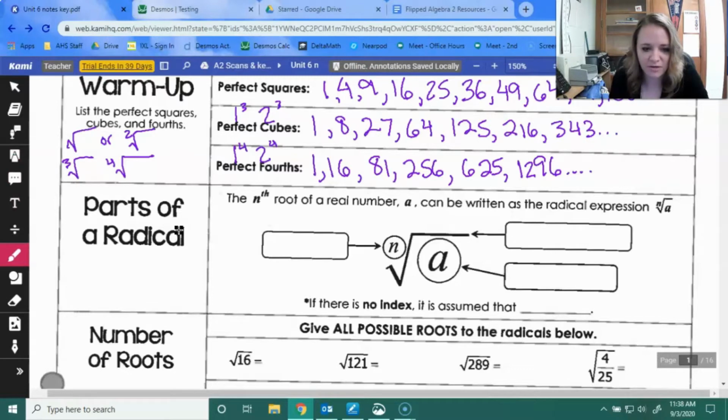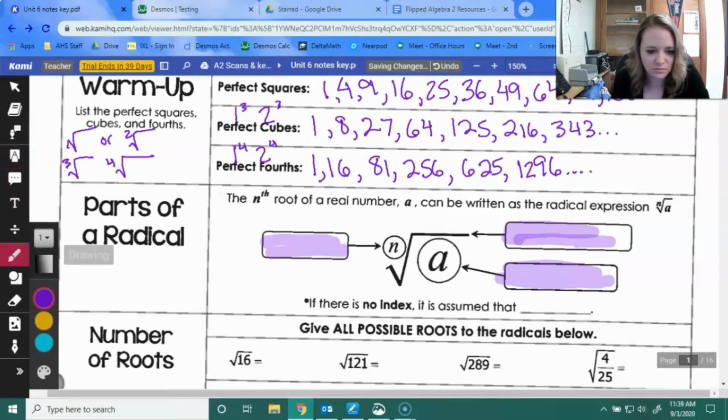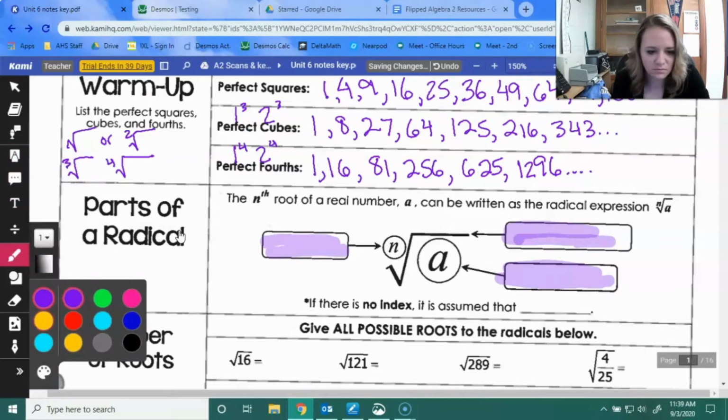The parts of a radical, okay? So let me get my highlighter here. Let's highlight these words.